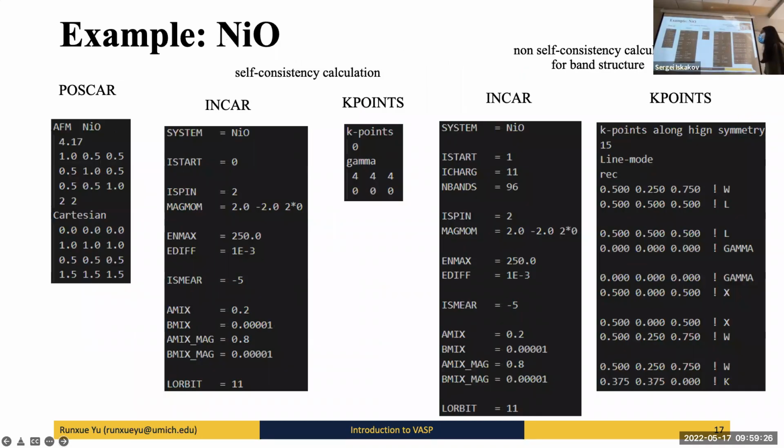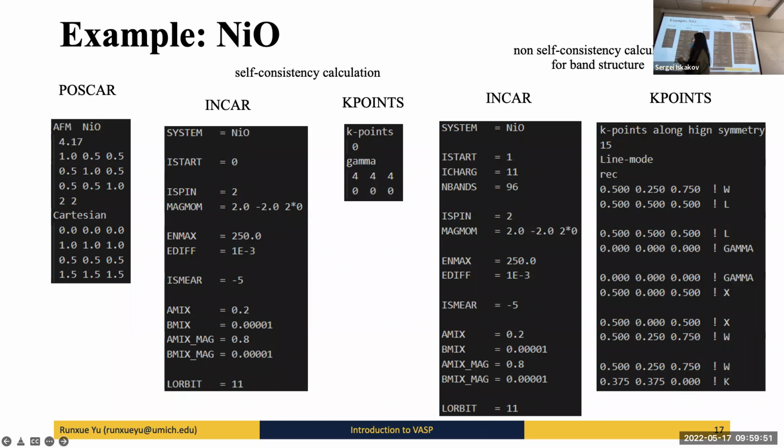Another example is for nickel oxide. It follows the same construction here. Since nickel oxide is antiferromagnetic, it will have a kind of supercell there. Why do we have 2 and 2 here?